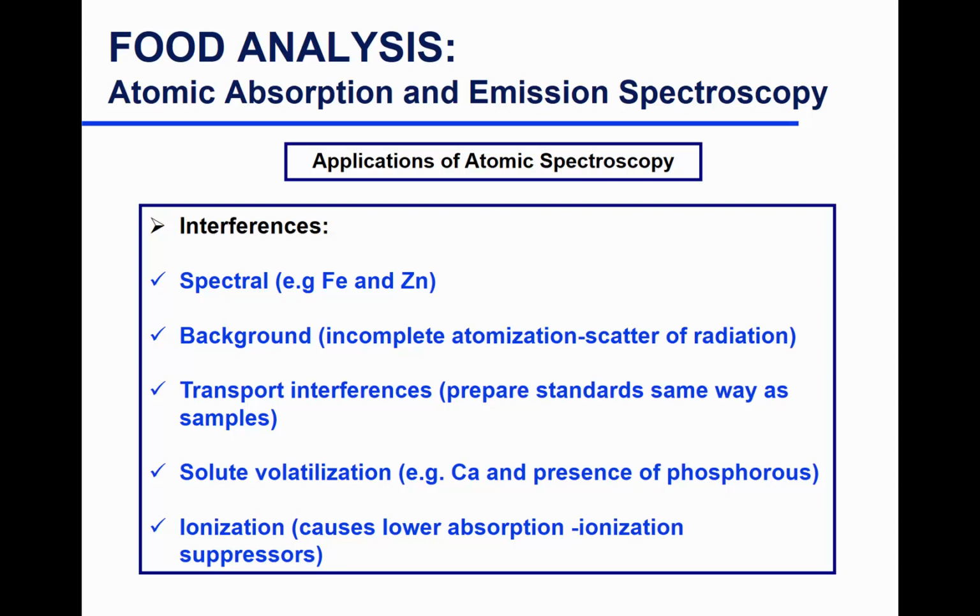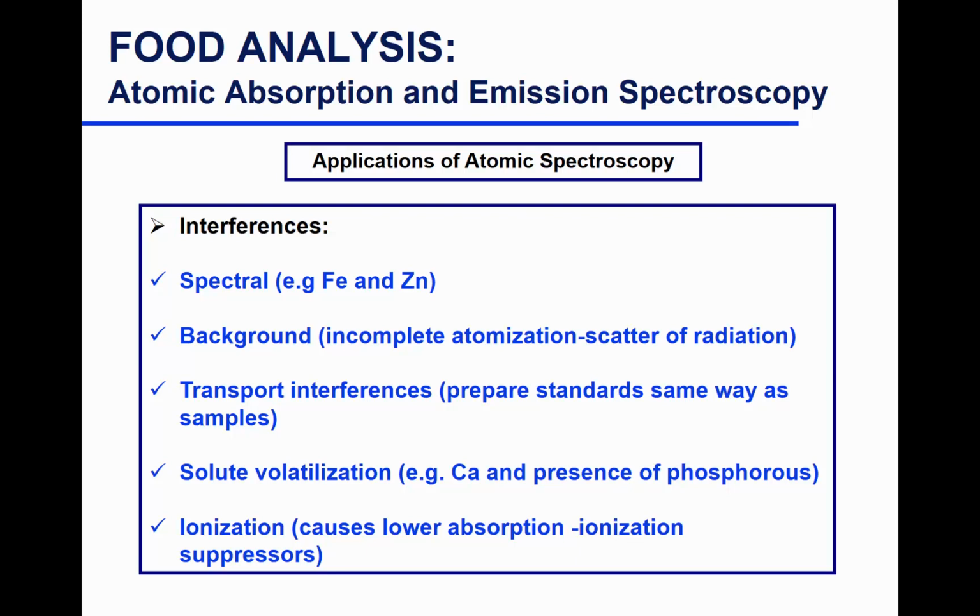Background: incomplete atomization. Incomplete atomization comes from when your flame is basically not hot enough. So your molecule doesn't break into atoms, and what happens is it's a large molecule in the flame, and when the light hits it, instead of absorbing light, it's going to scatter light.